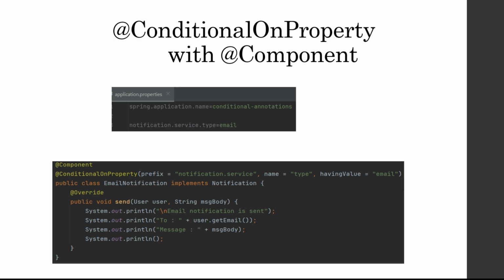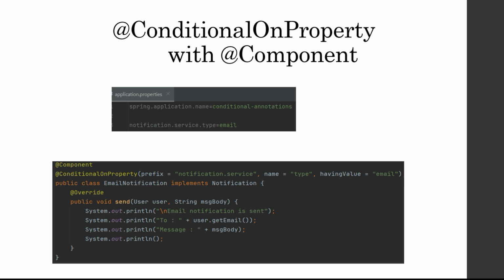Then we have another attribute, name, and this name attribute represents the property name. In this case the property name is type. And the third attribute is having value. The having value attribute represents the expected value of the property.